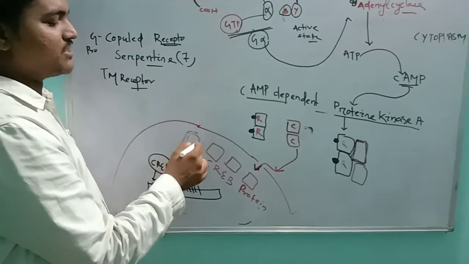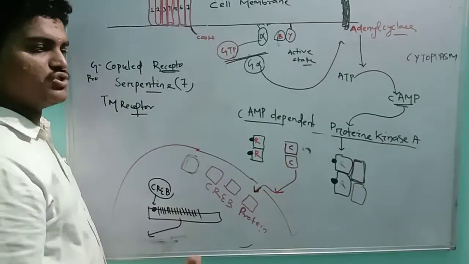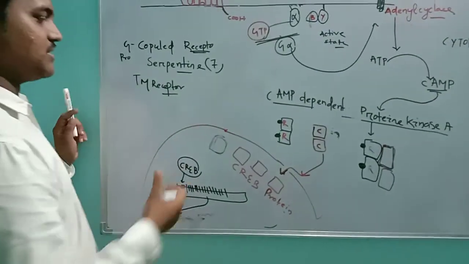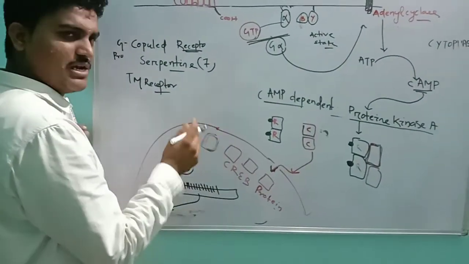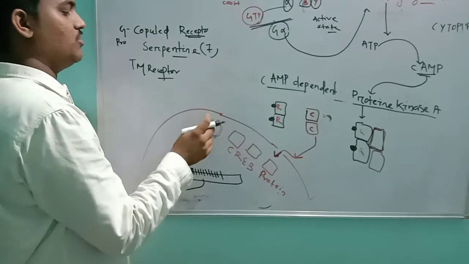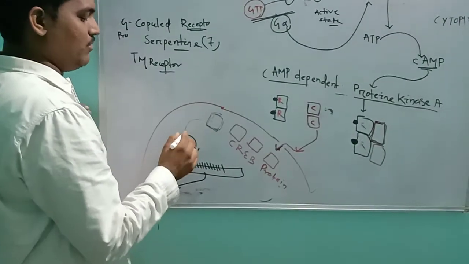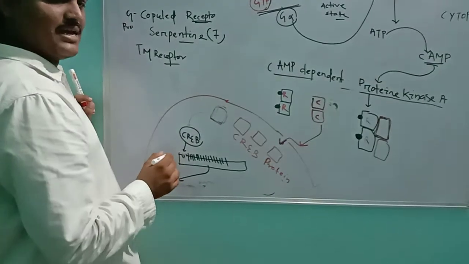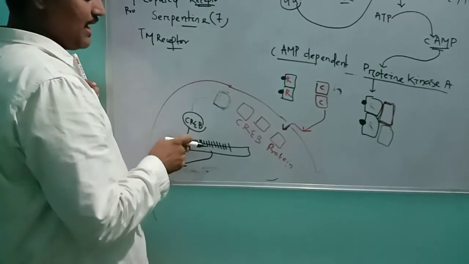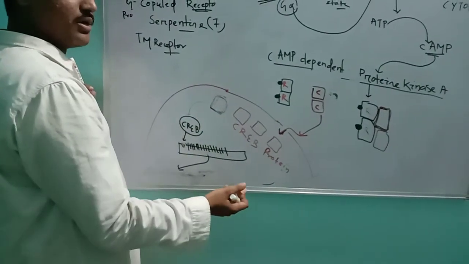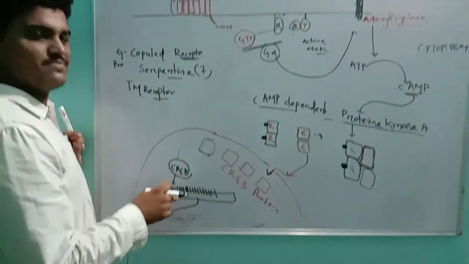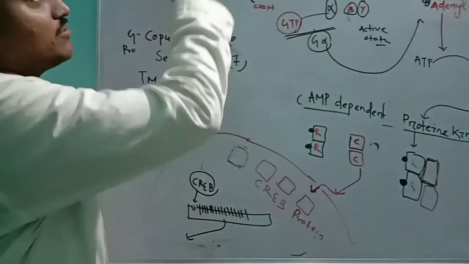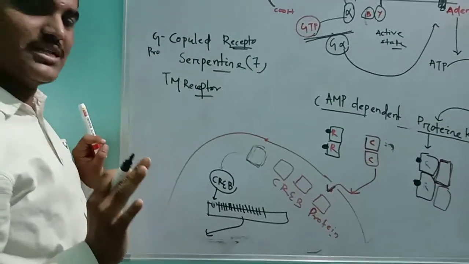CREB normally undergoes phosphorylation. Then CREB binds to the specific sequence in the gene, the cyclic AMP response element, and stimulates transcription. If transcription is not needed and inhibition is needed, it will do inhibition according to the signaling molecule.